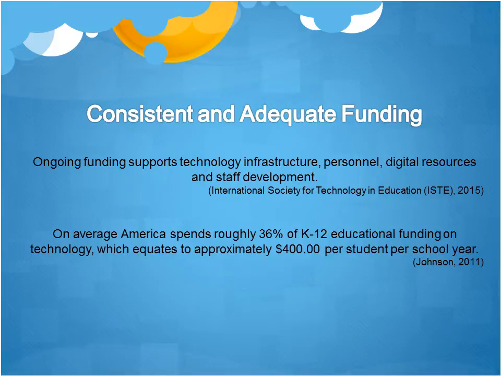Johnson shows us that on average, America spends roughly 36% of the budget allocated for K-12 education on technology, which equates to approximately $400 per student. While this seems like a lot, we know that there are constant changes with technology, thus there will always be a continual need for funding.